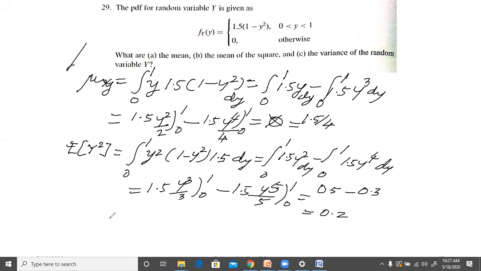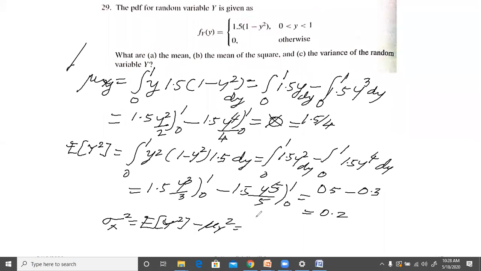Then you can find sigma x square, the variance, in terms of this and the new value also. That is E of y square minus mu y square.